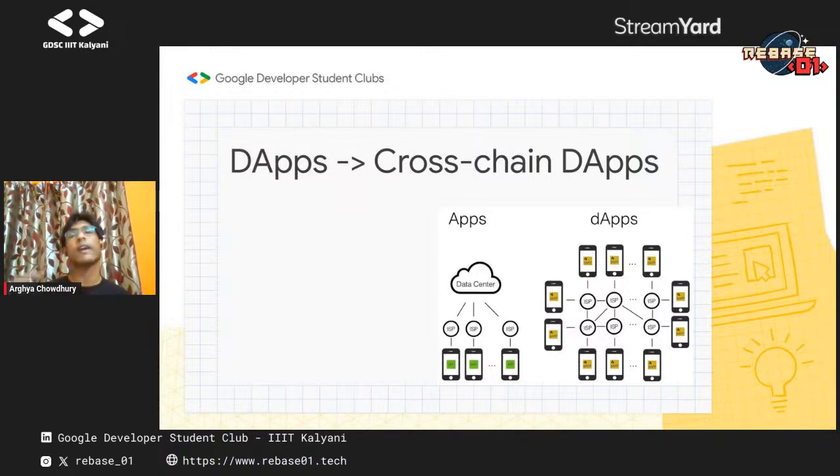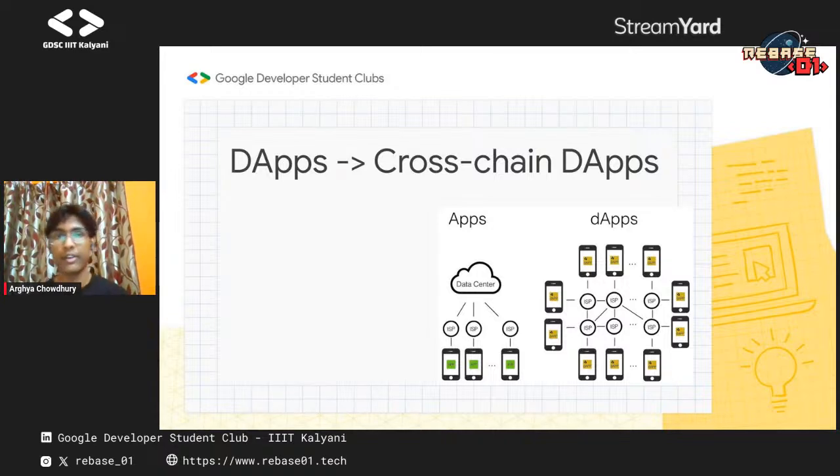Every layer one has a consensus mechanism. For Bitcoin, it works on proof of work, for Ethereum, it works on proof of stake, and for Solana, it works on proof of history.